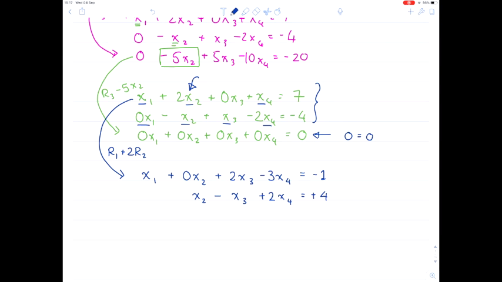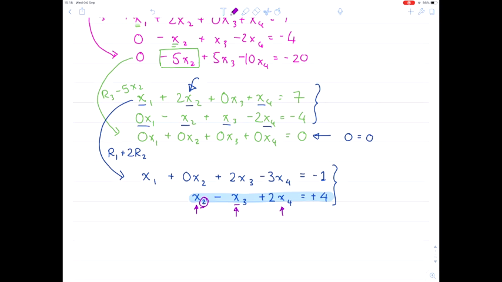Well, again, let's have a look at these 2 equations. If we have a look at the second equation, notice that there are many, many values of x3 and x4. In fact, any values we pick for x3 and x4 will give us a way to calculate x2. So x3 and x4 are free variables. I could have similarly said, well, I could pick any value for x2 and x3 and then work out x4, but we just tend to work from the lowest upwards.